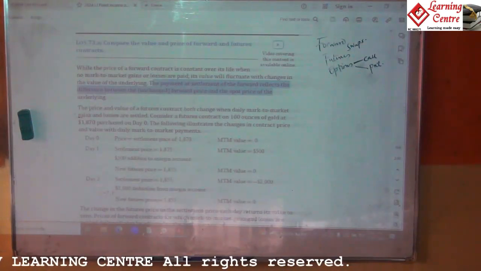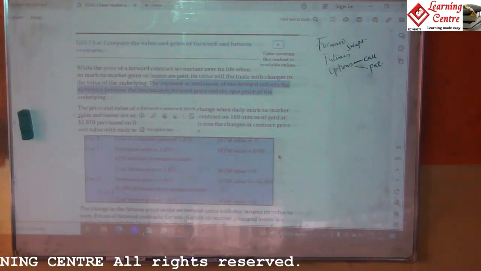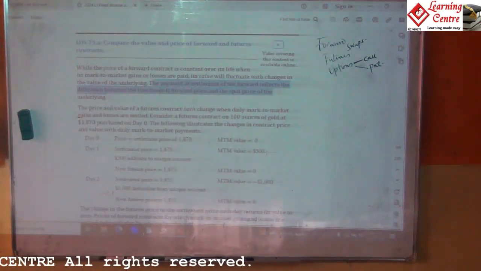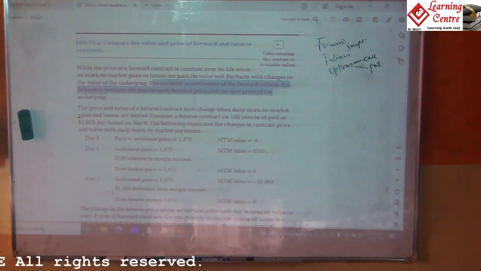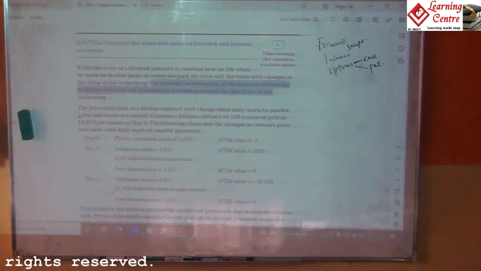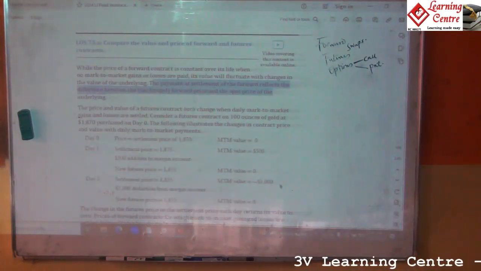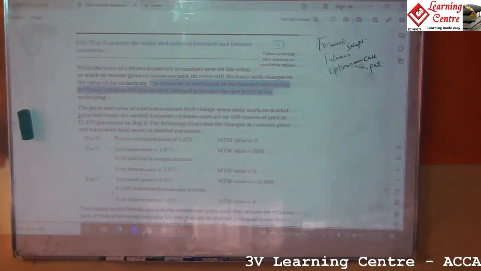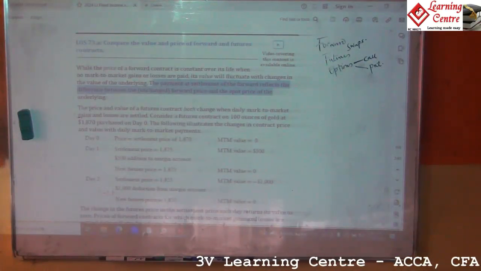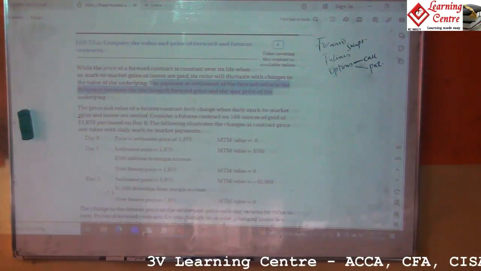For day one, the buyer has gained 500 and the seller has lost 500. Meaning if this 500 takes the seller below the maintenance margin, the seller will get a margin call to come and top up. And vice versa for day two: the buyer has lost 2,000, so the buyer will most likely get a call to come and top up this 2,000.